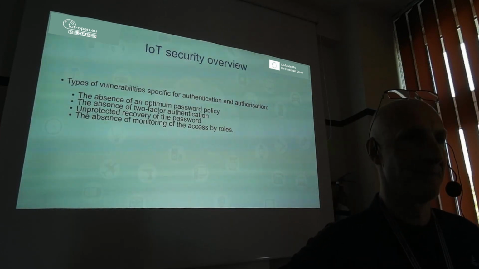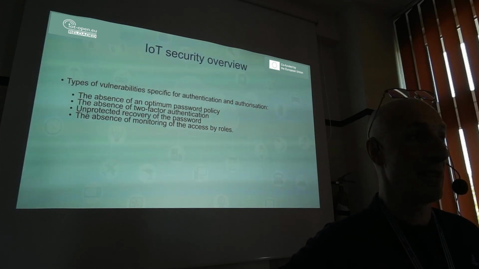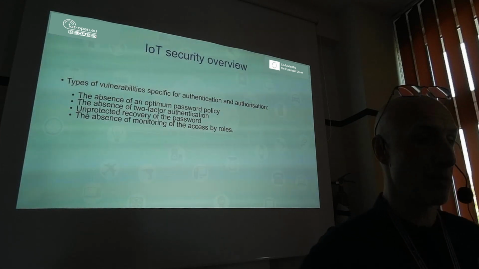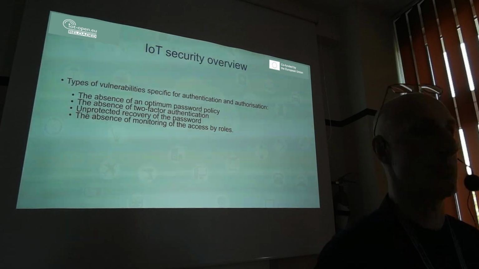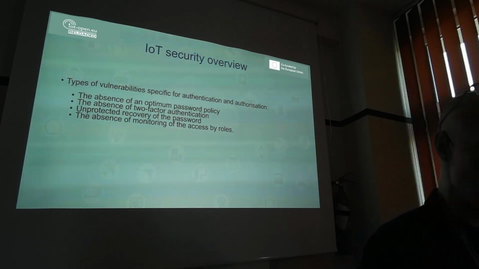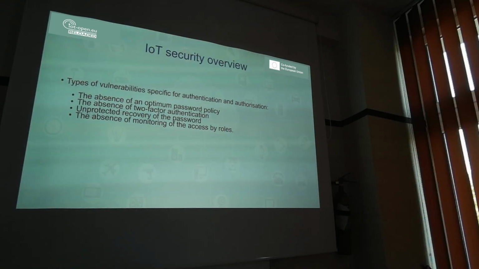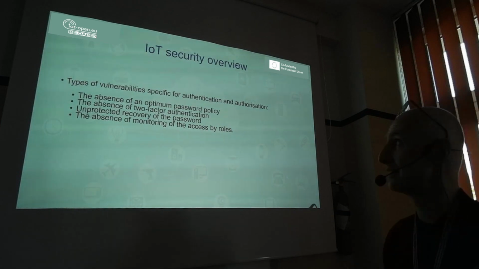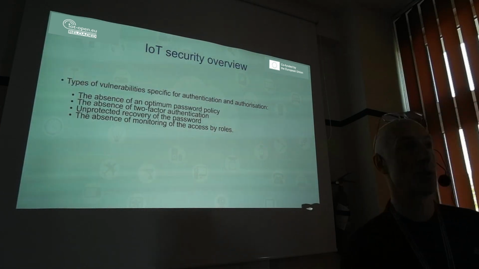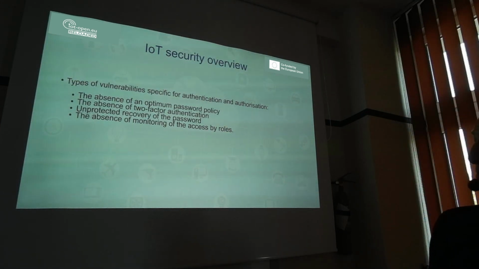And guess what? Password recovery worked in a way that you provide an email and it sends you your password. The problem is that you may provide any email of the user. That was an early stage of web development, something like 1999 or 2000, but this was a case of unprotected recovery of the password. On the other hand, recovery can be, for example, not using tokens, but just generating a password.